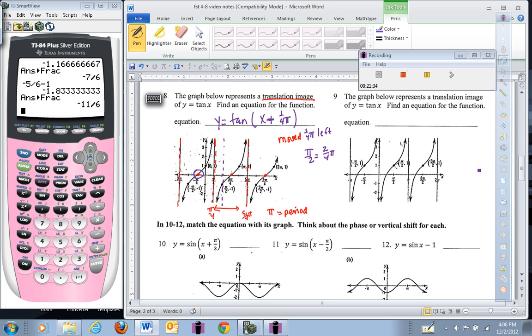Number 8 is also a tangent graph. It says the graph below represents the translation image of y equals the tangent of x. Find the equation for the function. Well, are the asymptotes where they're supposed to be on the parent graph? And the answer to that question is, on the old graph, the asymptotes are at 1/2 pi, aren't they?